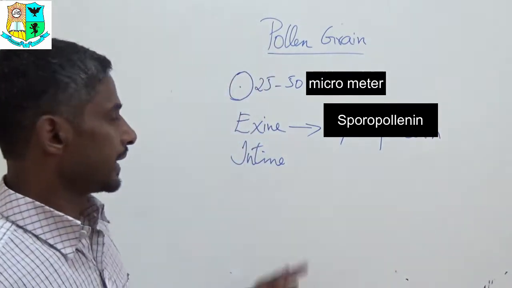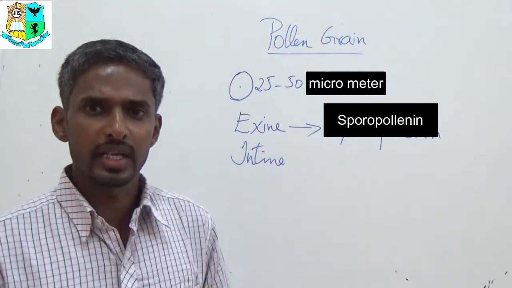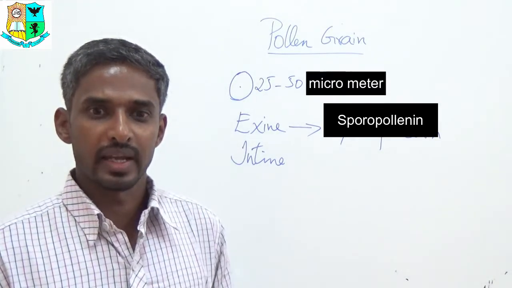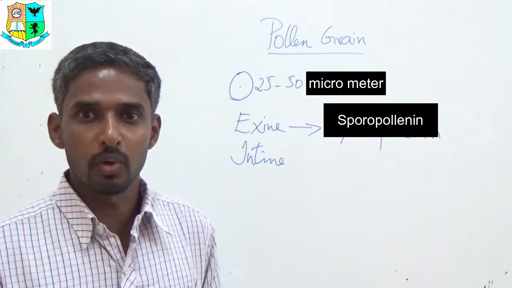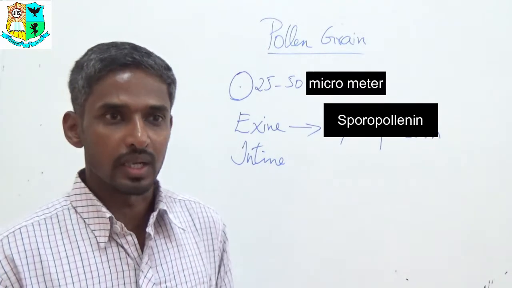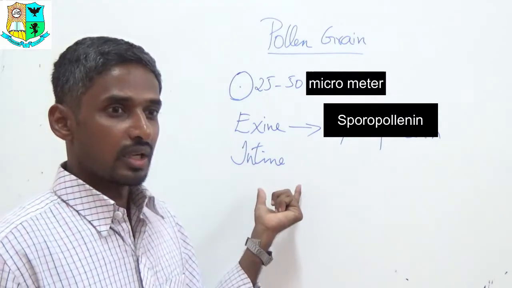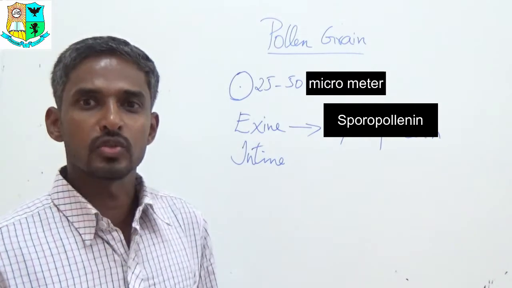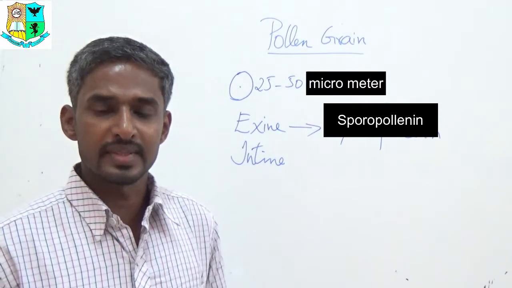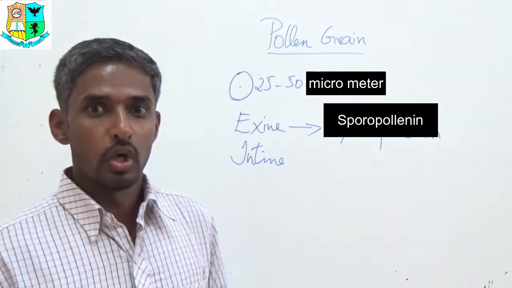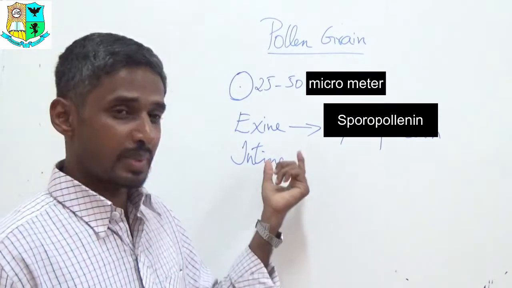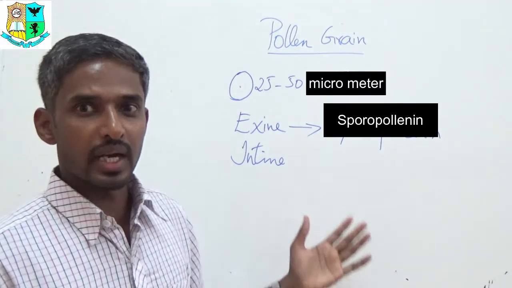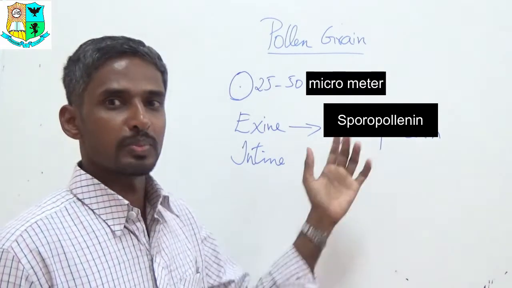It is a chemical that is present on the exine, and therefore the pollen grain is very rough and it is very difficult to break. It cannot be broken very easily, because after leaving the flower, this pollen grain has to face a lot of hardship, that means environmental hardships, and therefore to preserve the male gamete that is present inside the pollen grain, it has to protect itself, and therefore nature provides protection by means of sporopollenin.